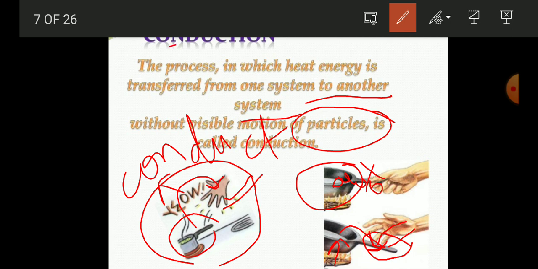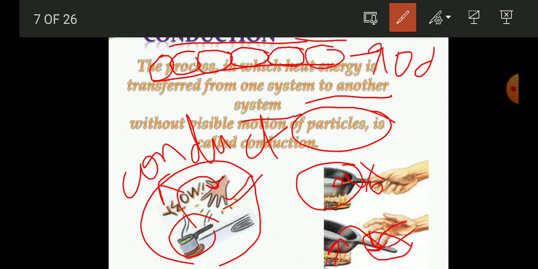Imagine that this is a rod, and this rod is made from different atoms, as you all know that everything is made up of atoms. If you imagine that this end of the rod is getting heat, what is happening?